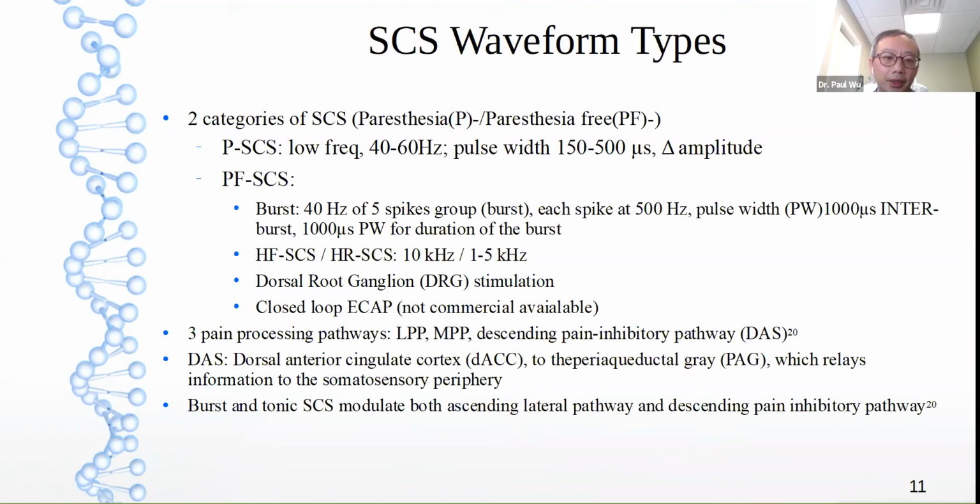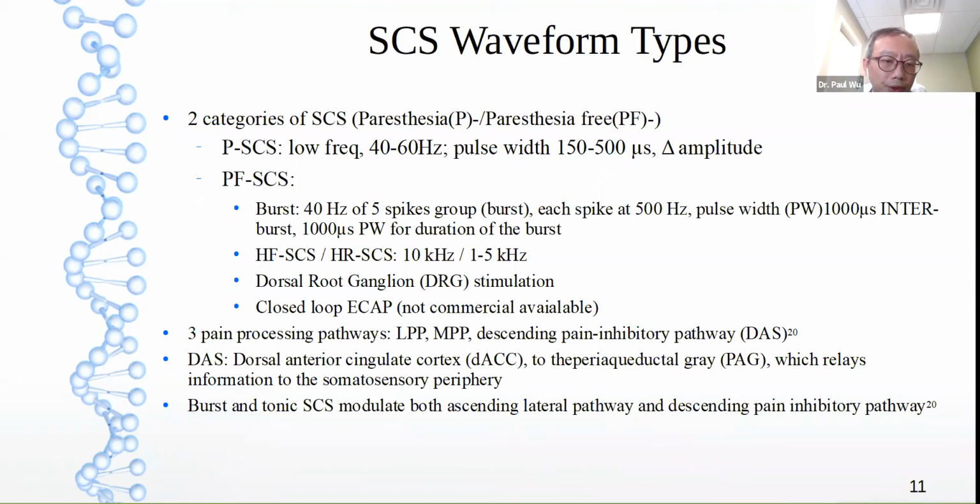Between the burst spikes, there's a 1,000 microsecond pulse width as well. Then there's high frequency, or high rate, spinal cord stimulation, which ranges from 1 kilohertz to 10 kilohertz. Other types of stimulation are dorsal root ganglion, as well as, most recently in development, closed loop stimulation.